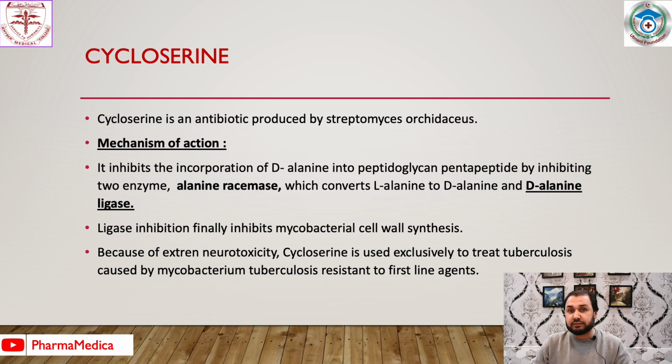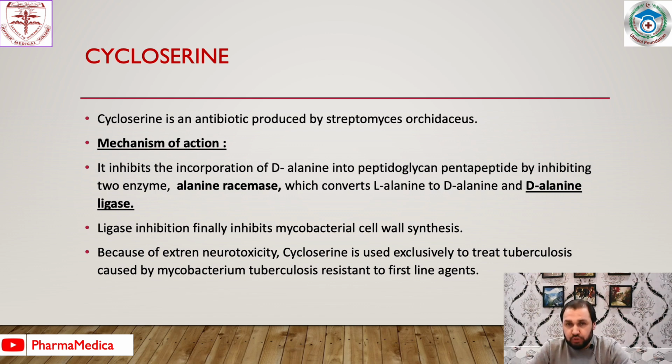It has some neurotoxicity as well. If it is used in tuberculosis, especially the one which is resistant to the first-line drugs, it can cause severe neurotoxicity. The reason is that we usually give these drugs for a very long period of time in resistant tuberculosis.